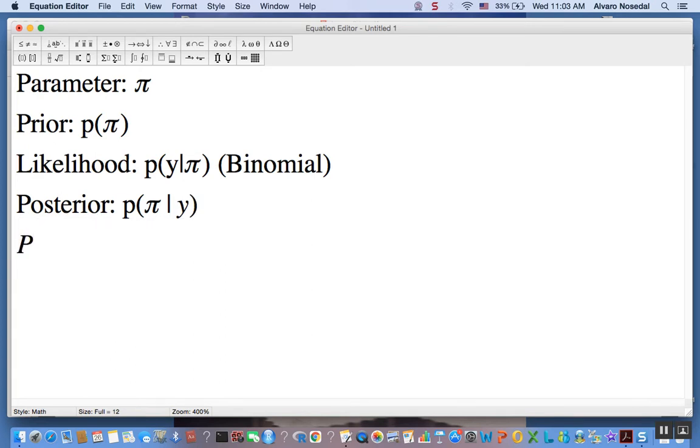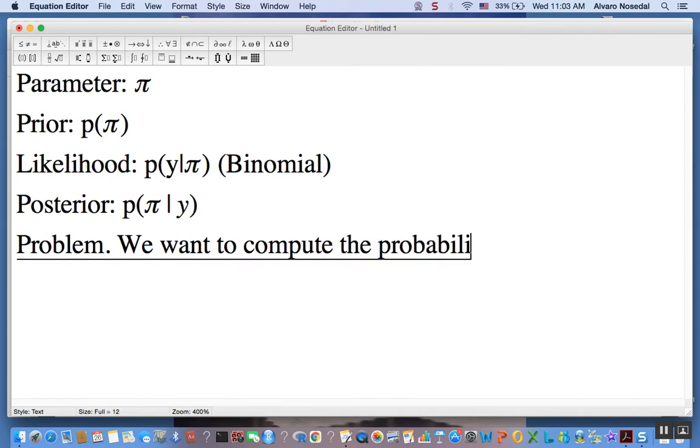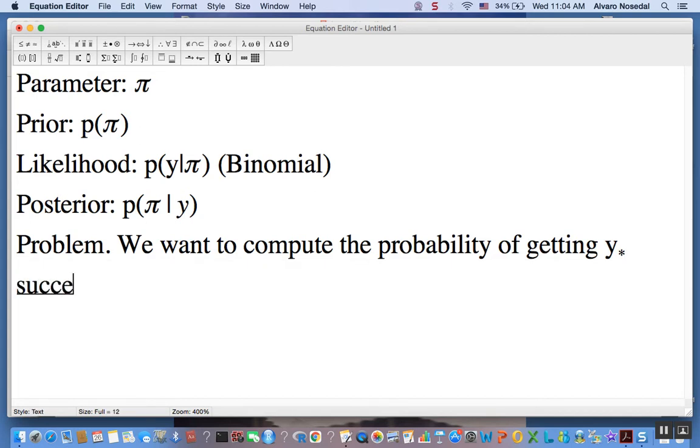And the problem that we want to solve here is this. We want to compute or find the probability of getting y star successes in a future sample of size n star.